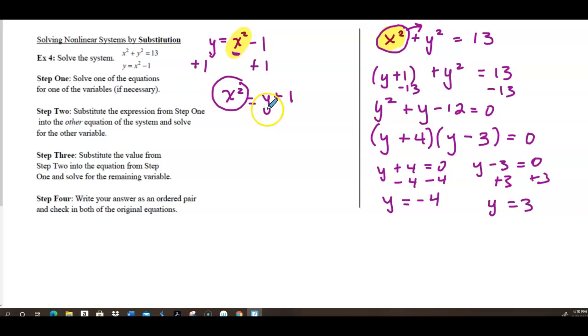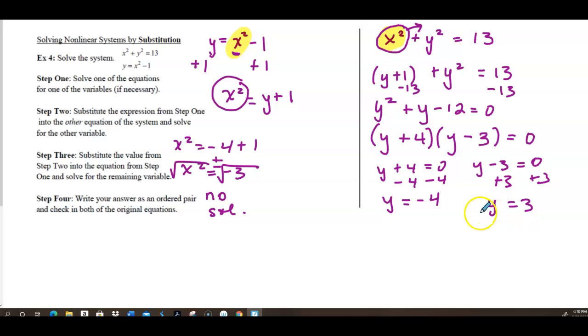So I'm going to put in negative 4 for y. X squared equals negative 4 plus 1. X squared equals negative 3. When I square root both sides, this is a problem because there's a negative under a radical. So that part is no solution.